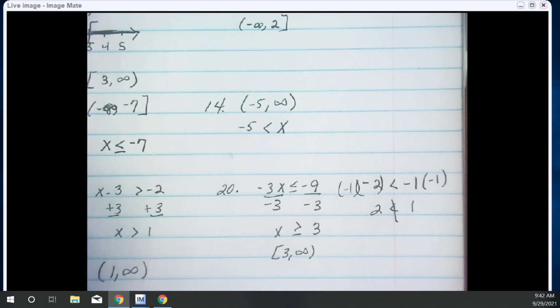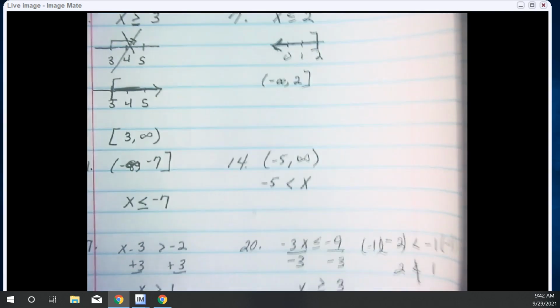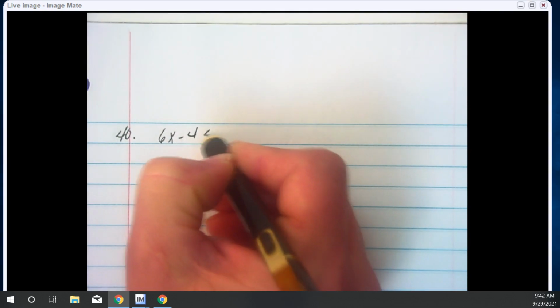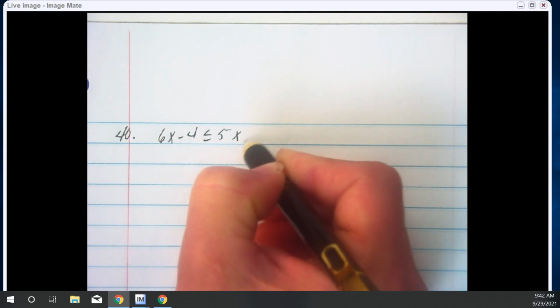Let's move on to some bigger problems, because they put all of these in the same section. We have problem 40: 6x minus 4 less than or equal to 5x minus 4.